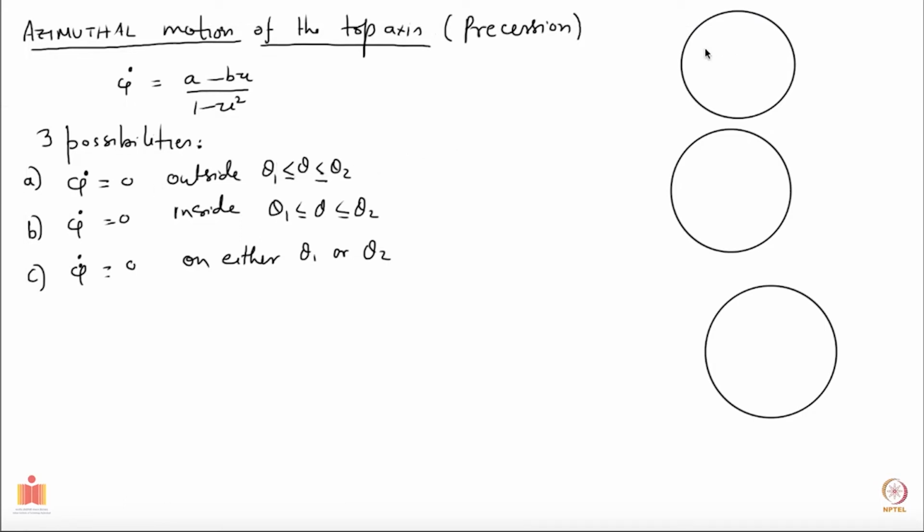Let me first draw. Here is your direction of z, because this direction is set by the direction of your gravitational force. And then let's say these are your theta 1 and theta 2 values.